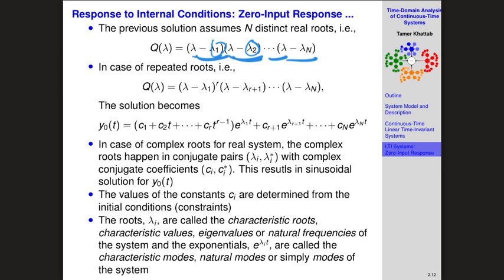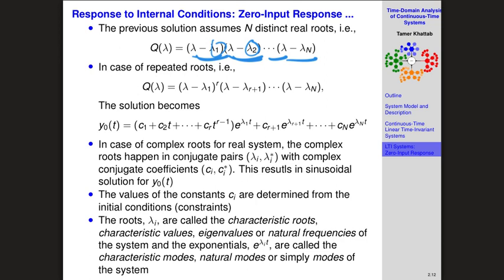And when you combine them, eventually you will get in the solution a sinusoidal representation. Because e to the power lambda i t added to e to the power minus lambda i t, when you combine those complex exponentials together, they give you a sinusoidal function, right?